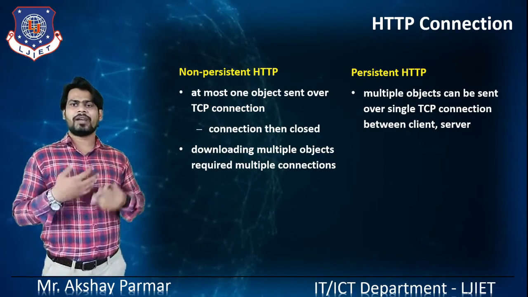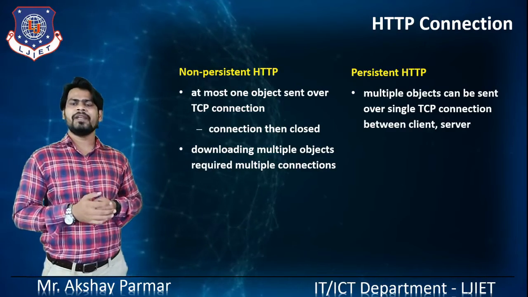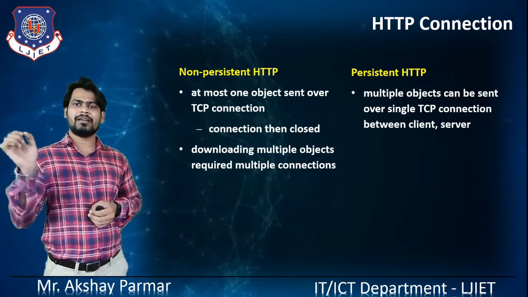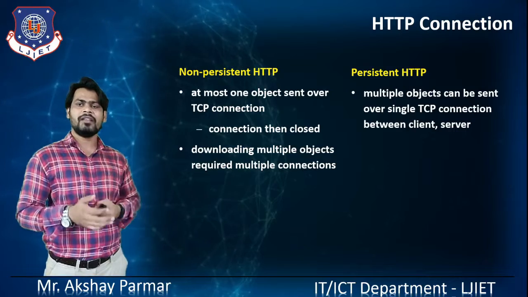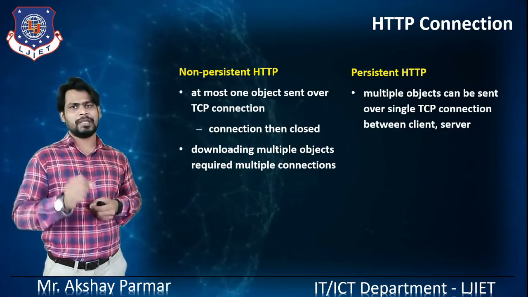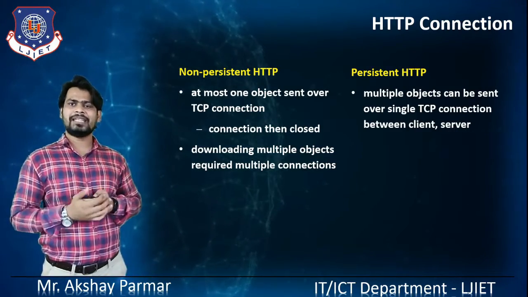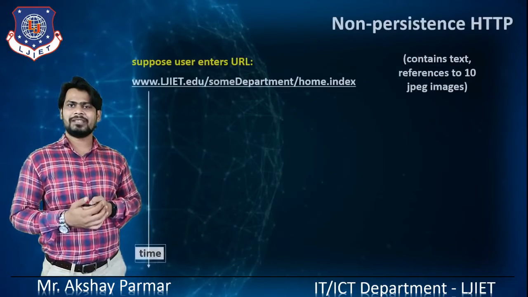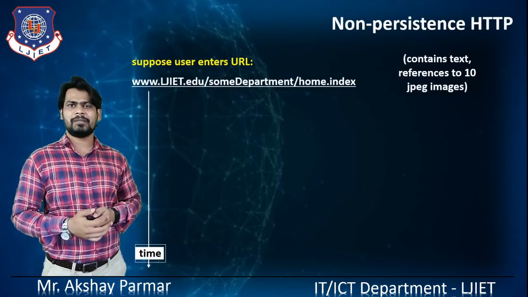Whereas with non-persistent HTTP, you need to establish a connection between the client and server for each object. So that is the basic difference between non-persistent HTTP and persistent HTTP.